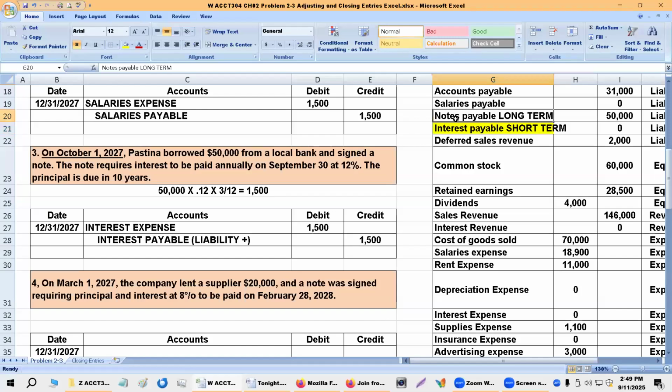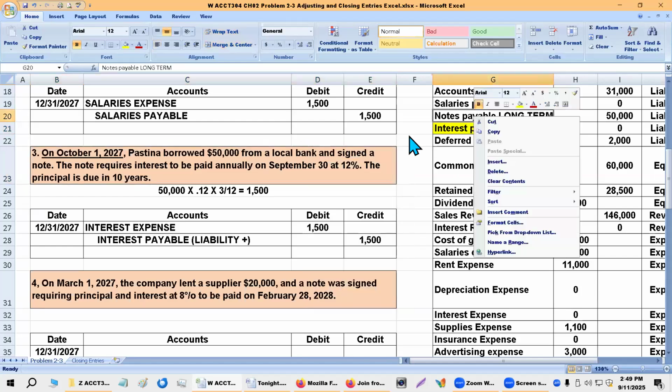But for this, the interest payable in this case is going to be paid for the short term. Within a year, it's going to be paid the following October 1st, probably 2028. Oh, no, September 30th, 2028.